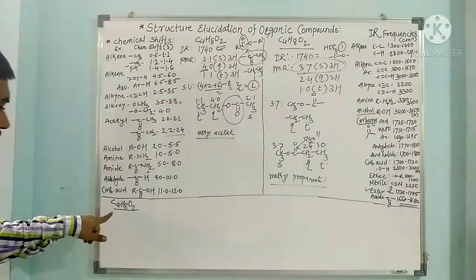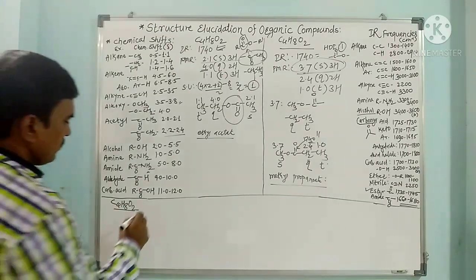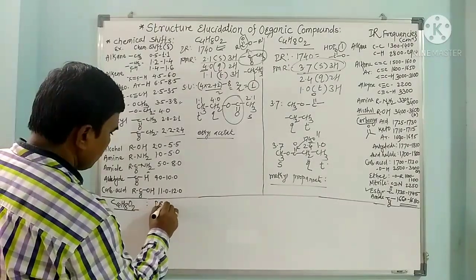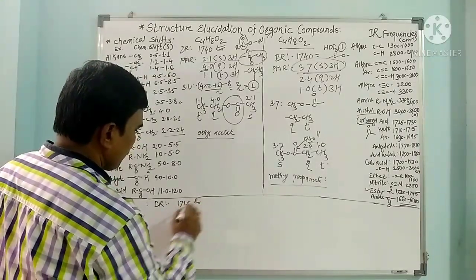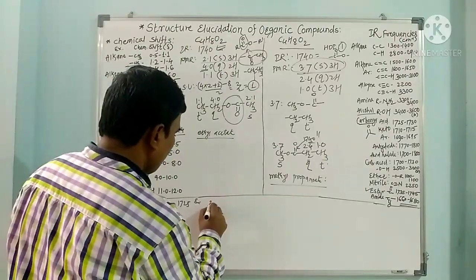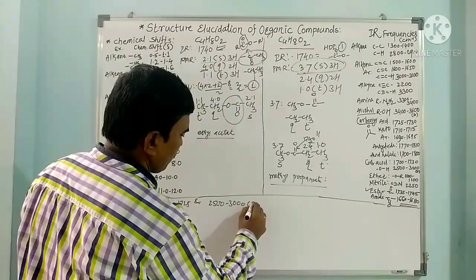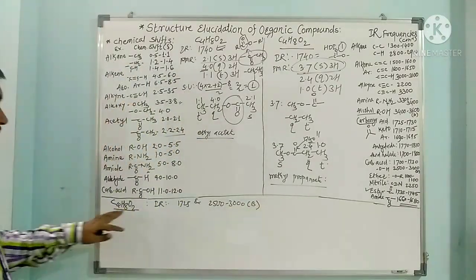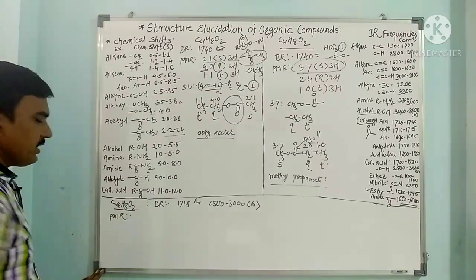Now again we have the same molecular formula C4H8O2, but here the IR is having carbonyl around 1725 and a broad peak at around 2500 to 3000, and in PMR we are having 4 signals.